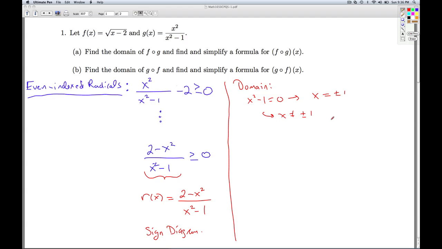So on my sign diagram, two of my critical values are going to be plus or minus 1. Okay, now I look for the zeros of the function. So I set r of x equal to 0.